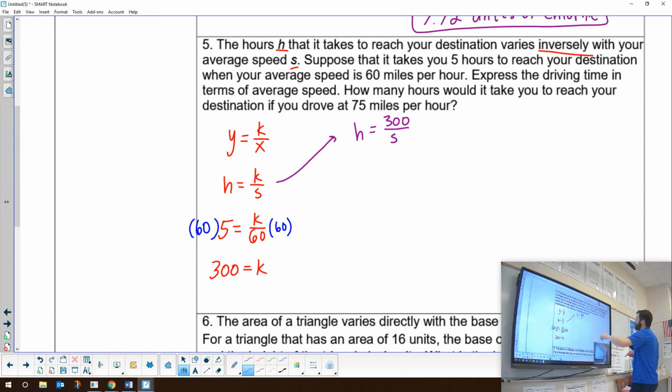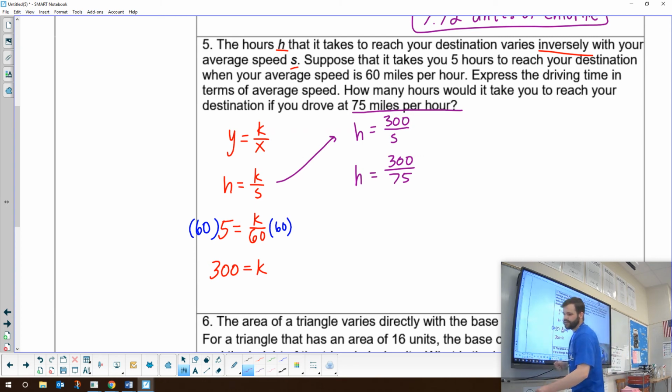And then now, it says, how many hours would it take to reach your destination if you were going 75 miles per hour? So here's my hours, here's my 300 over my speed, which is 75. So once again, I can just grab my calculator, and I can go 300 divided by 75 is 4.